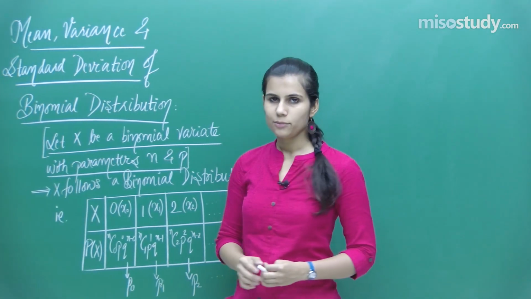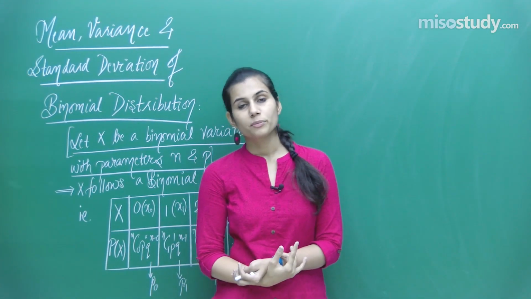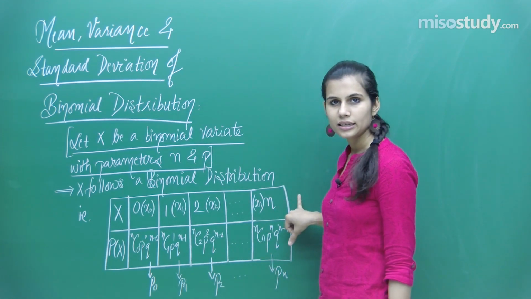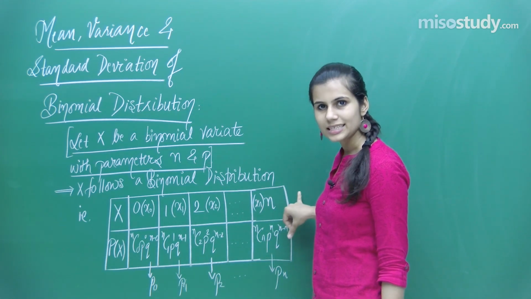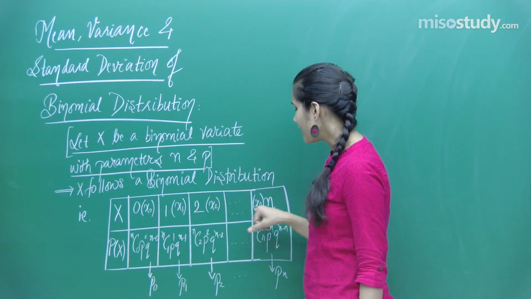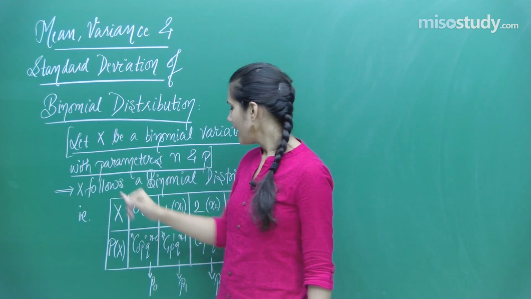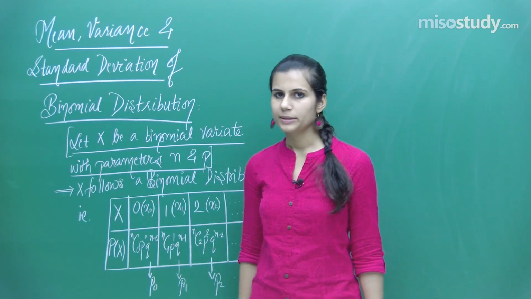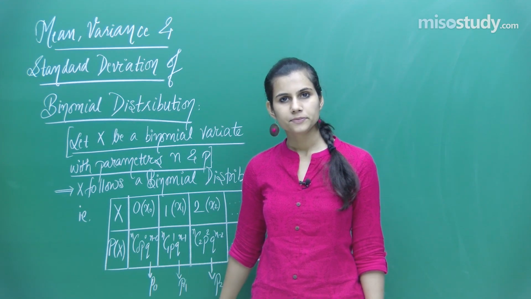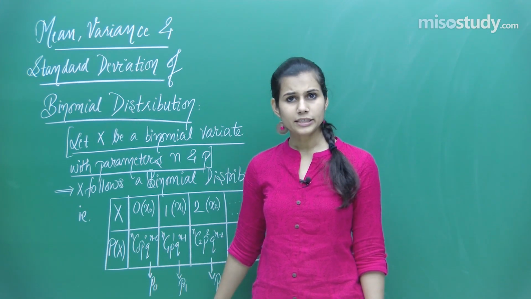We were considering that this particular table that you can see is representing all the values which the random variable X is assuming, and below are their corresponding probabilities. That means this is a probability distribution.